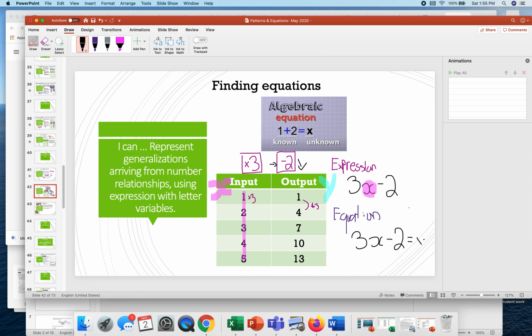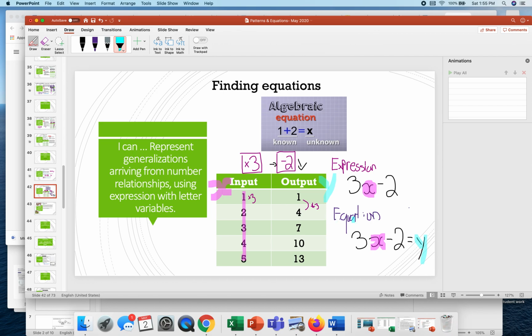So that is basically it for today. That's all that we need to know for our notes. So hopefully that makes a little bit of sense. When we do 3 times whatever the input is, then we subtract 2, we get y, our output. So that's it.